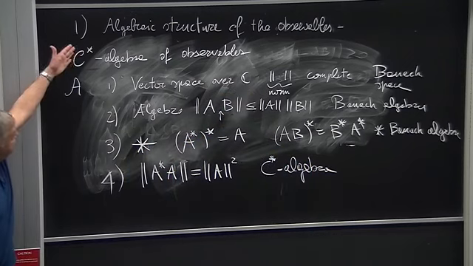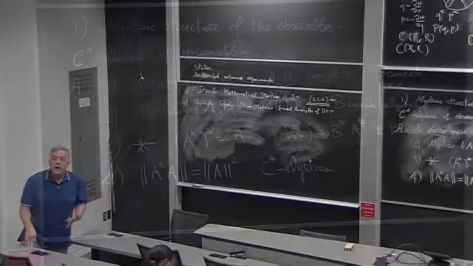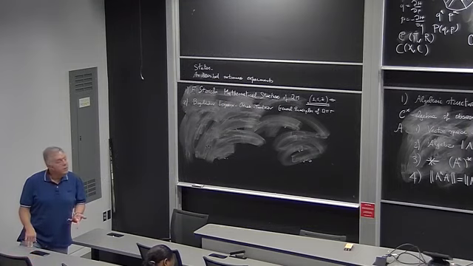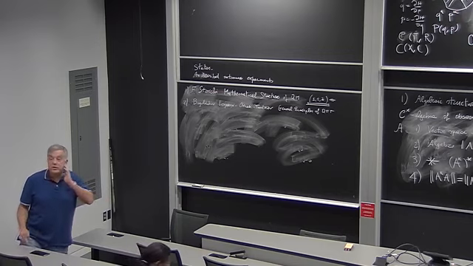So a set which has all these properties is a C-star algebra, and as I showed you before, the observables of a classical system are a C-star algebra, and the observables of a quantum system also are organized in the form of a C-star algebra.